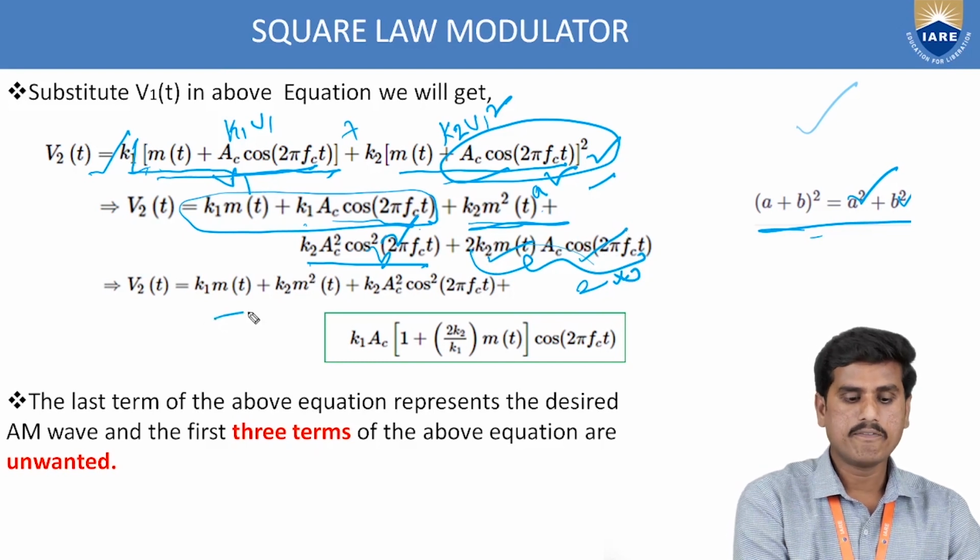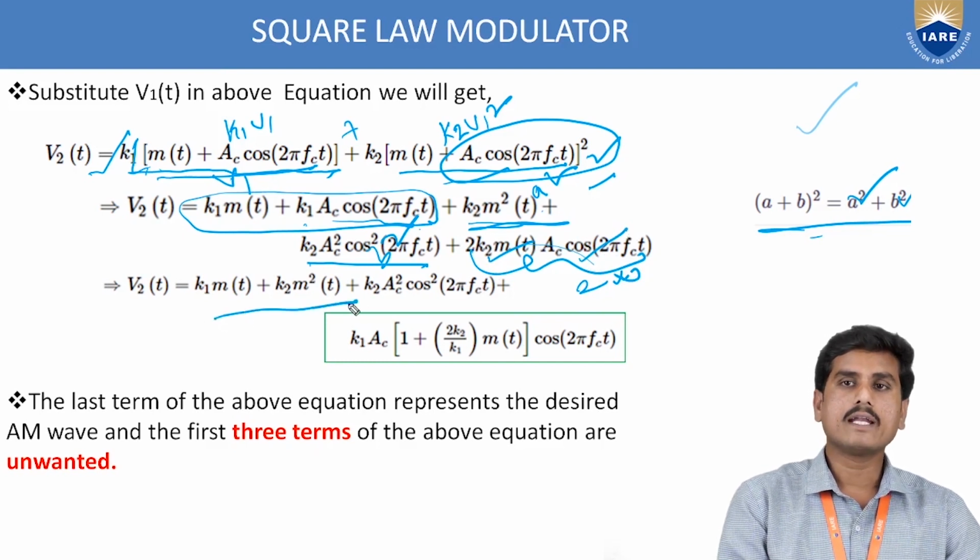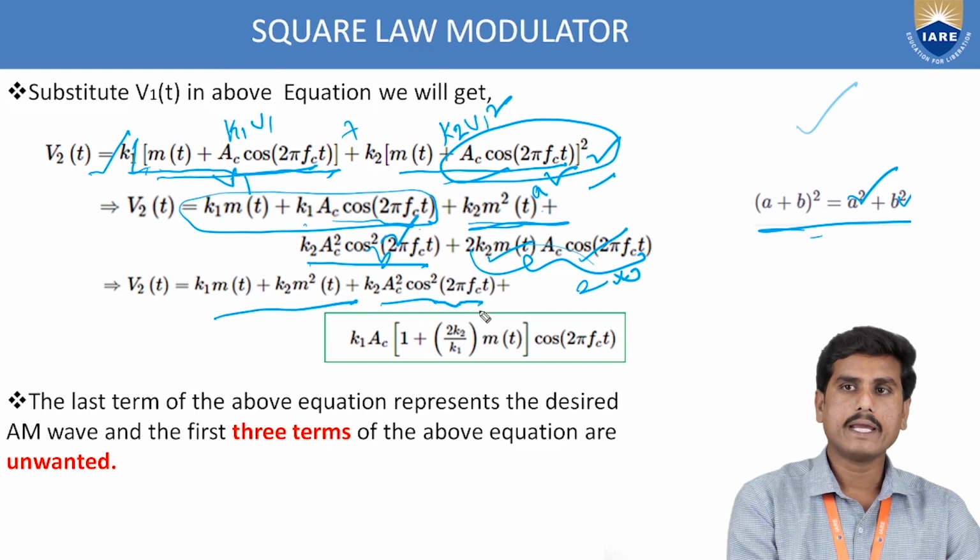Then we get the final equation: K1 m of t plus K2 m square of t plus K2 Ac square cos square 2 pi fc t plus the final term K1 Ac into 1 plus 2K2 m of t into cos 2 pi fc t.